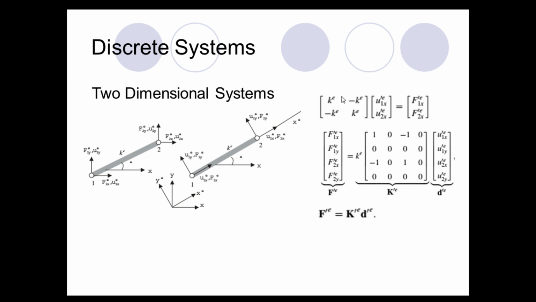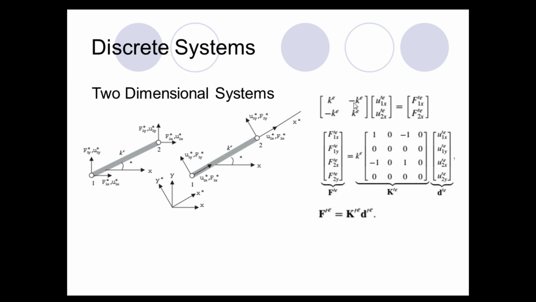As a result, if I decompose this matrix and write it in an element-wise manner, because this is only written along the x-axis, what I see is ke is the element stiffness which we have calculated, then 1 minus 1, you see, because I want to write the relationship for the f1x, and f1x is nothing more than ke multiplied by u1x minus u2x, or u prime 1x minus u prime 2x, okay, minus, because of this one.